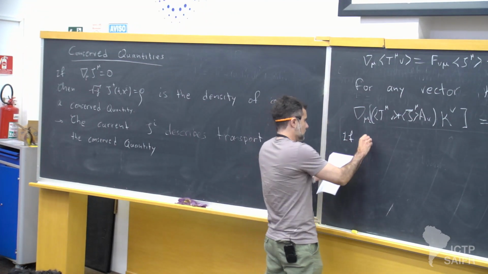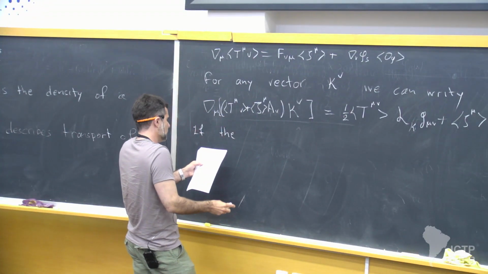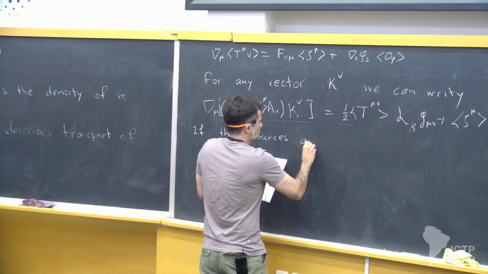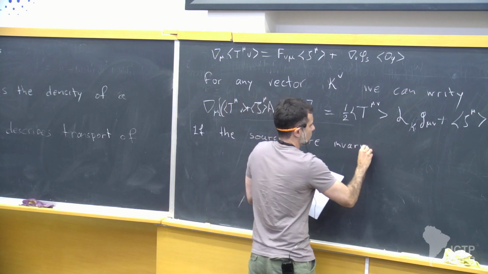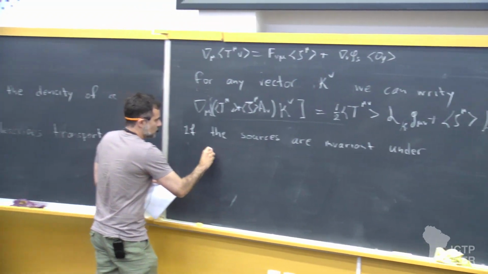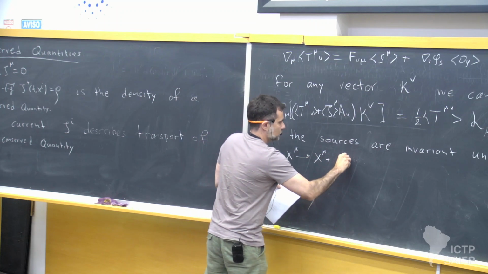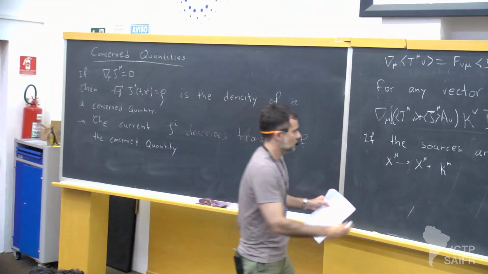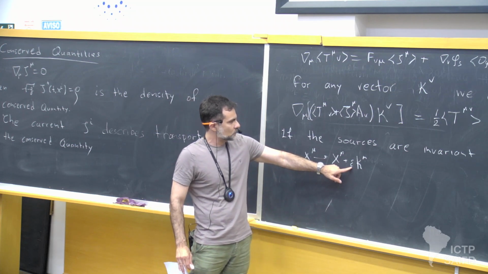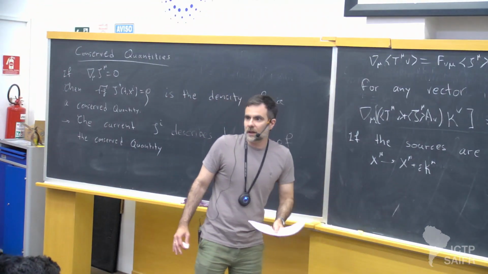If this is the background, g_{mu nu}, A_mu, and phi_s, so if the background sources are invariant under the following change of coordinates, x^mu goes to x^mu plus epsilon k^mu infinitesimally, so if I make this small change of coordinates and at leading order in epsilon, my sources are invariant, then the Lie derivatives of the sources with respect to k will be 0.